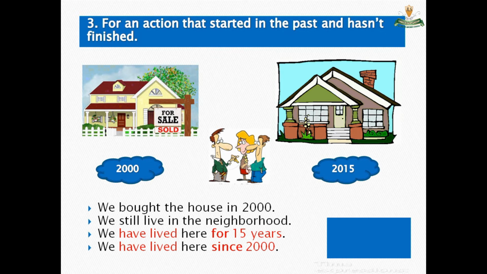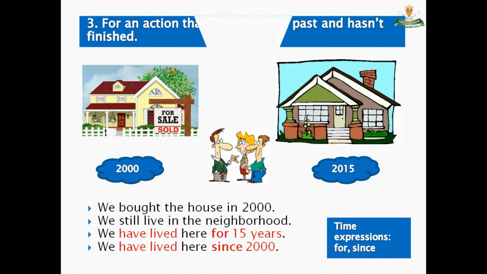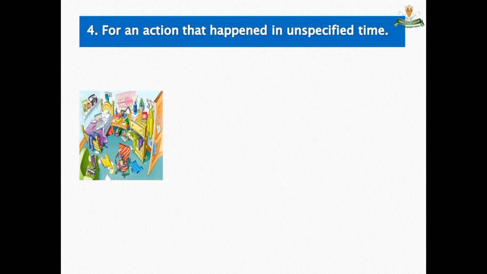We have lived here for 15 years. We have lived here since 2000. We use since and for. Since, we use it with a certain time. But for, we use it when we talk about a period of time.